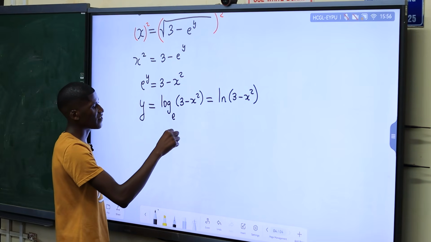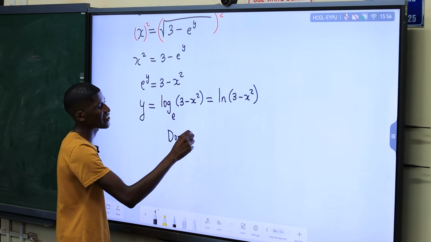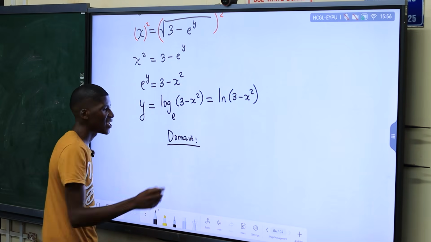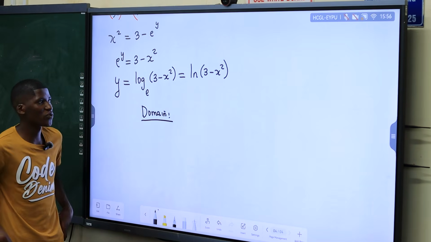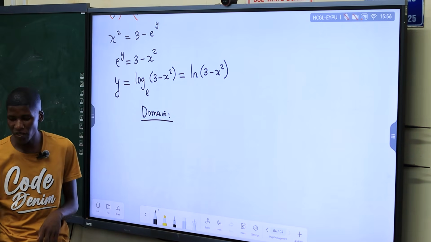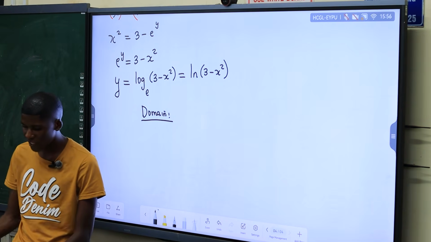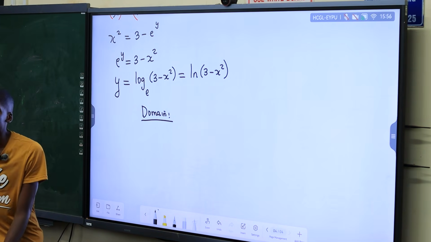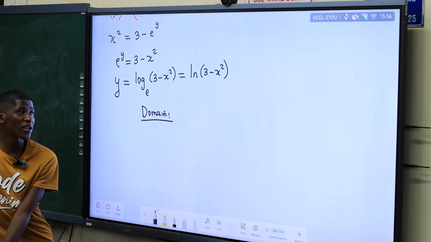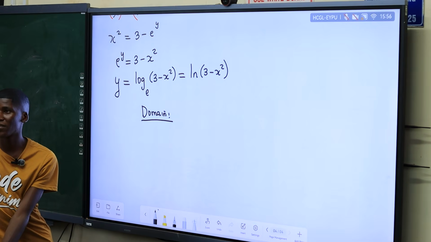What must be the domain of this? Because now we are shifting it. This is no longer the same thing as ln of x. This is just ln of 3 minus x squared. How are we going to find the domain of this function? What do you think the domain is going to be?